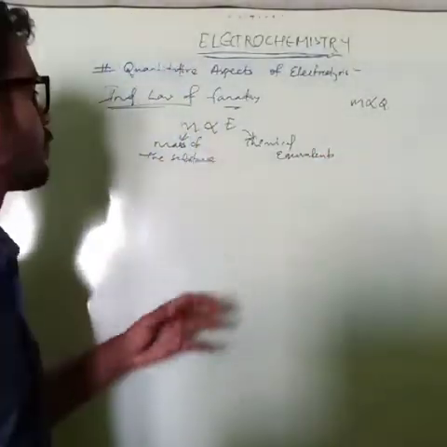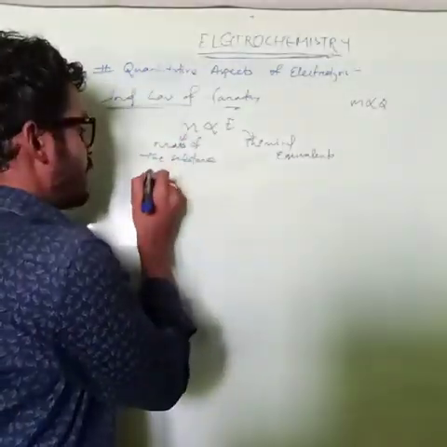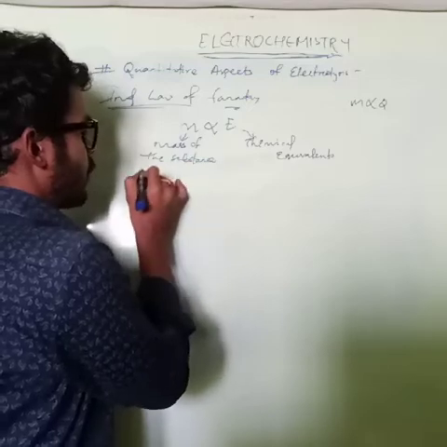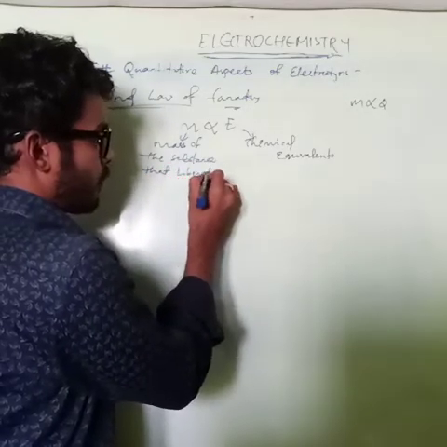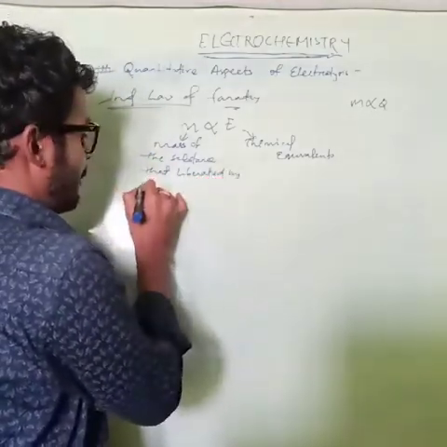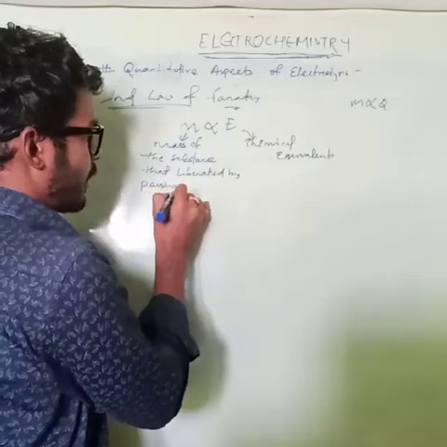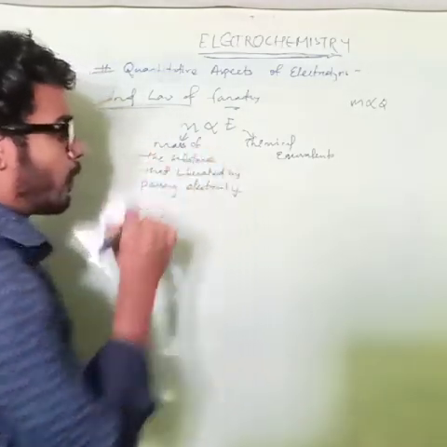Mass of the substance means what? That liberated by passing electricity. Mass of the substance, you can write, liberated by passing electricity.